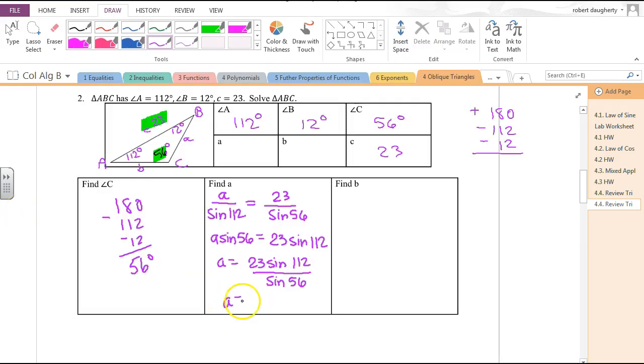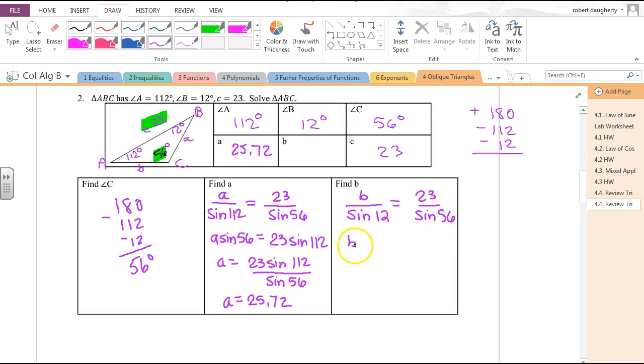So A is 25.72. And now to find B, same process. B over the sine of, what is angle B? 12 is equal to 23 over the sine of 56.